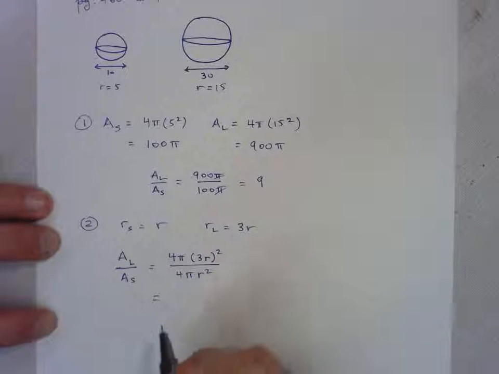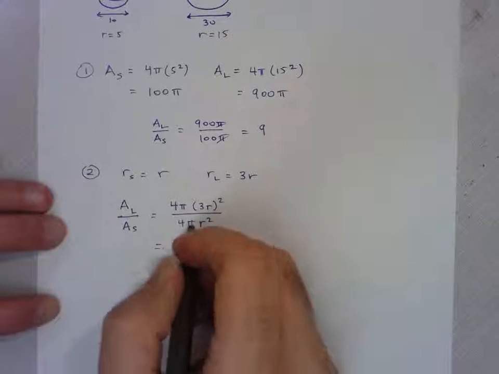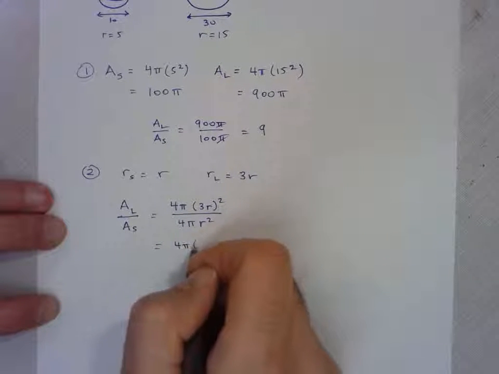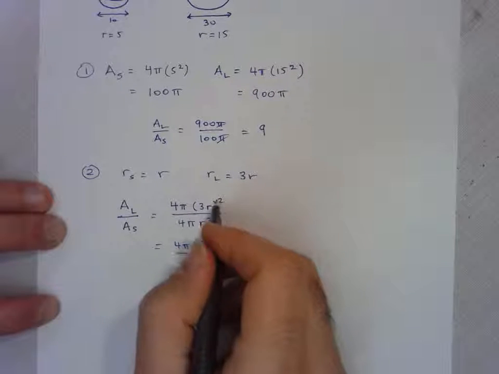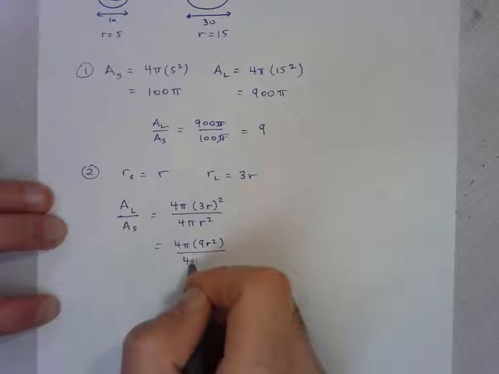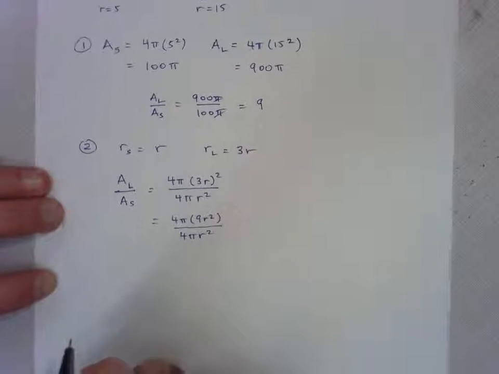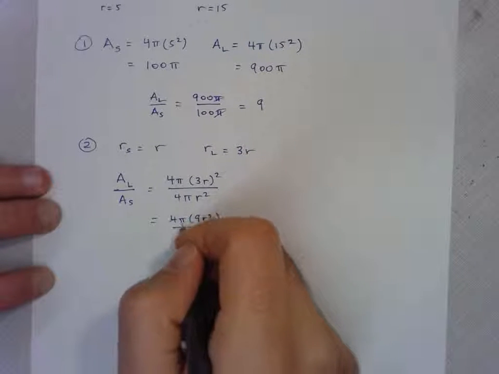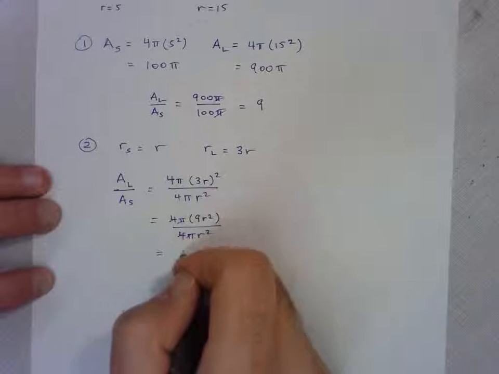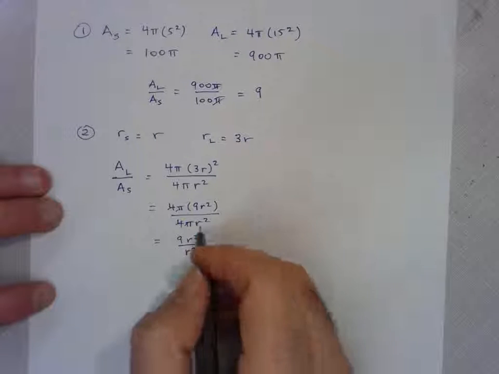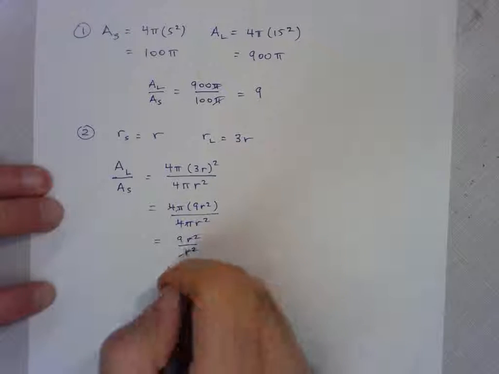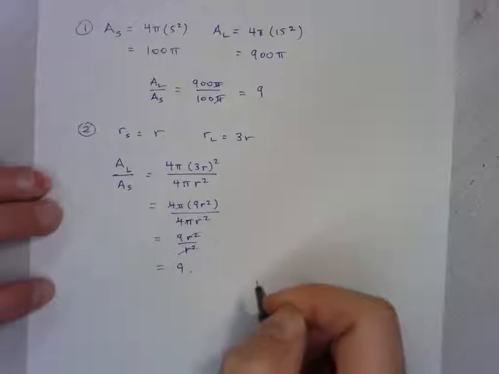And when I use my algebra rules here, this becomes 4 pi times 9r squared, because I just distributed the exponent over 3r. Here the 4's reduce, the pi's reduce, so I'm just left with 9r squared divided by r squared. r squared divided by r squared is equal to 1, and so I get 9.